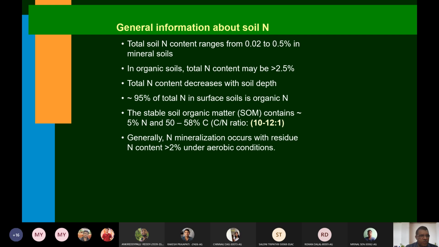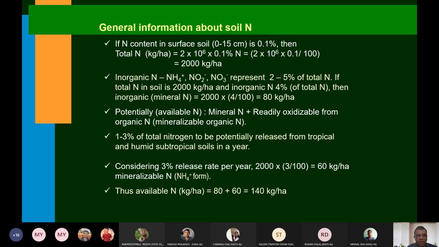Now some general, very important information, because you have two kinds of nitrogen. Total nitrogen is equal to inorganic nitrogen plus organic nitrogen. Inorganic nitrogen or mineral nitrogen is comprised of ammoniacal nitrogen, nitrite, and nitrate. This nitrite nitrogen is in traces.